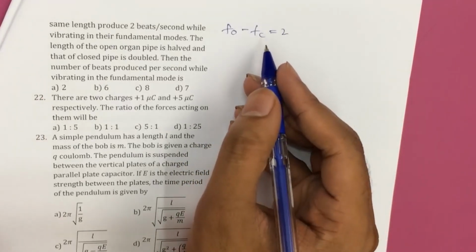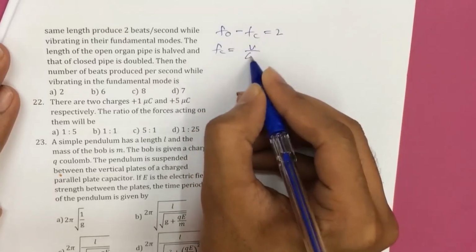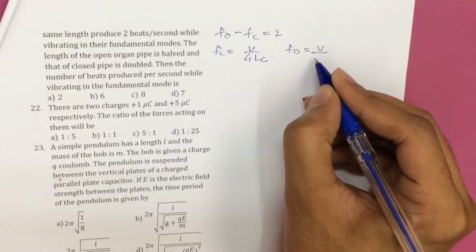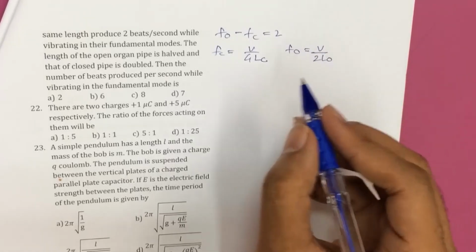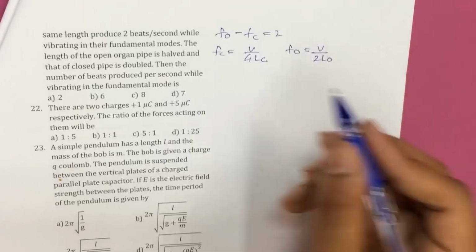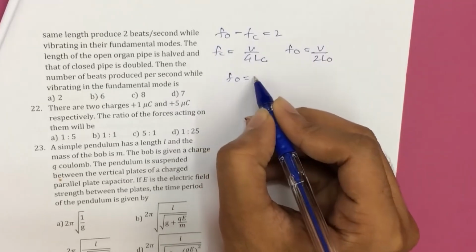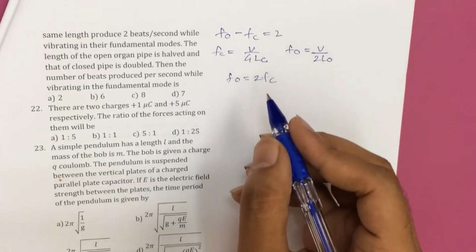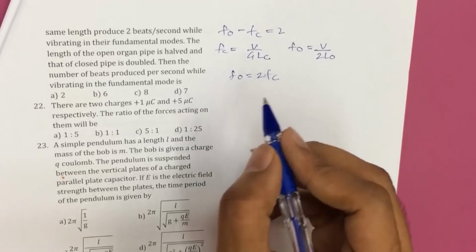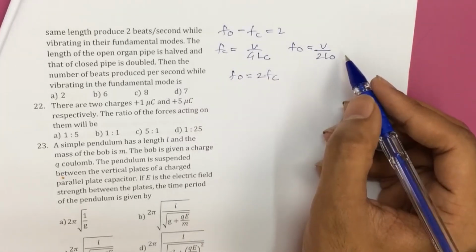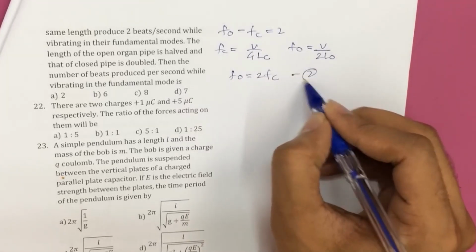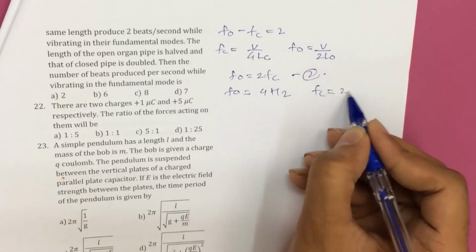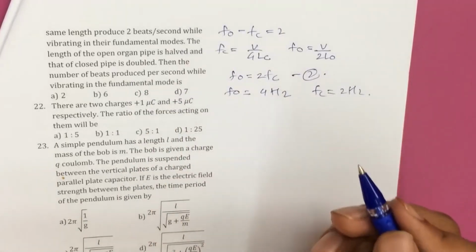Frequency of fundamental mode of a closed organ pipe, that is Fc, is given as V by 4 Lc, and that of the open organ pipe F0 is given by V by 2 L0. So Lc and L0 are equal, which allows us to say F0 would be equal to 2Fc. So from equation 2, I can say that F0 is equal to 4 Hertz and Fc is equal to 2 Hertz. Now this is based on the initial condition.